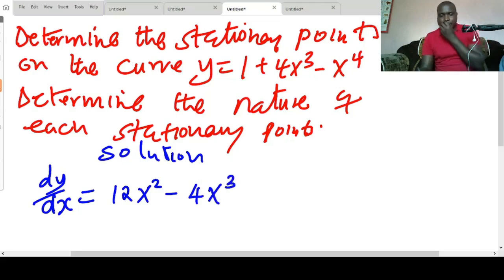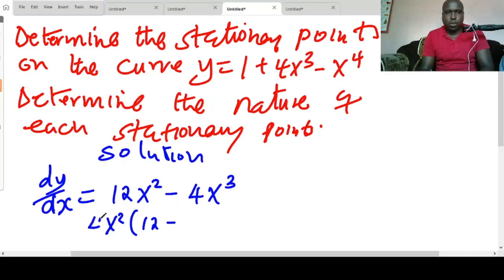That is our gradient function. So we can see x squared is common. 4x squared is common. So here it will be 3, remaining 3 minus x, equal to 0.